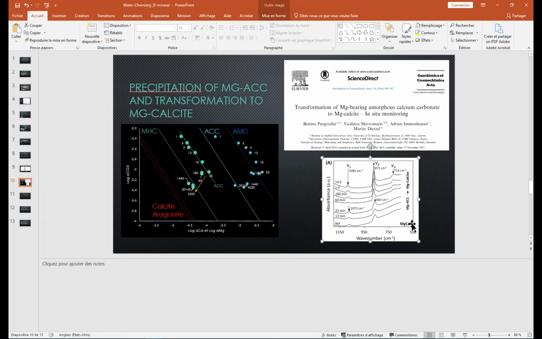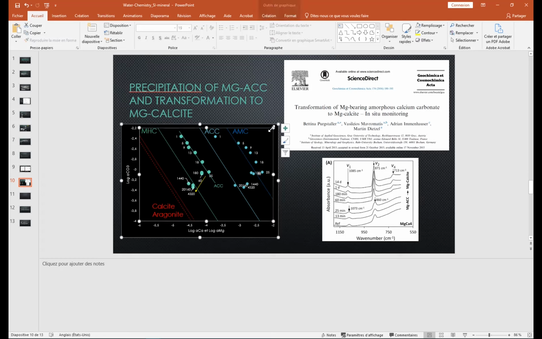They showed that they first precipitated the magnesium-rich ACC, and then at some point it transformed into magnesium calcite. And they followed the whole solution with Raman.